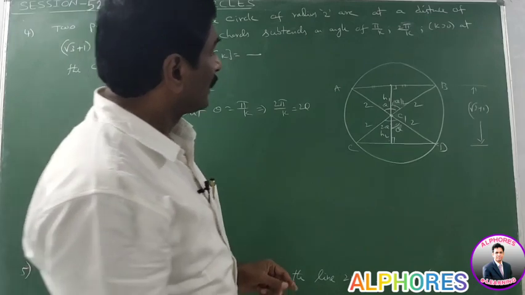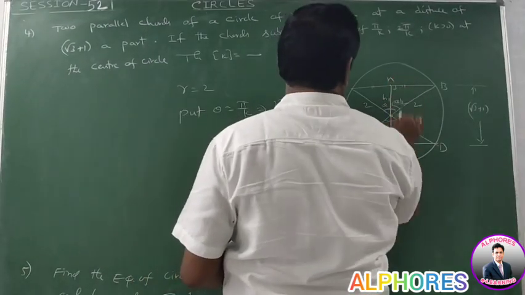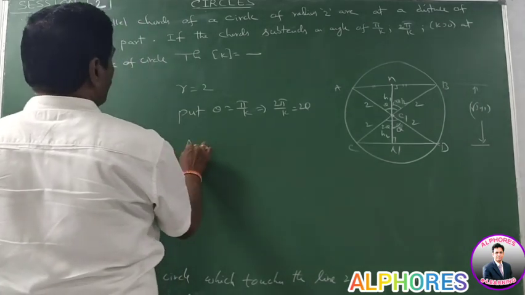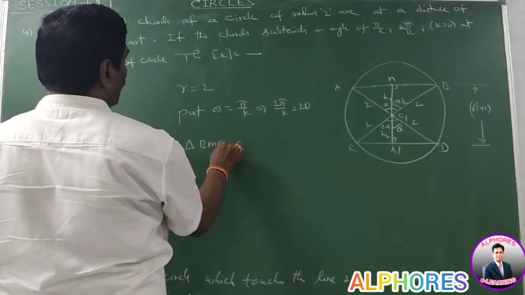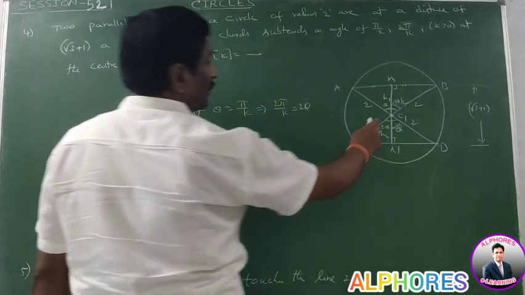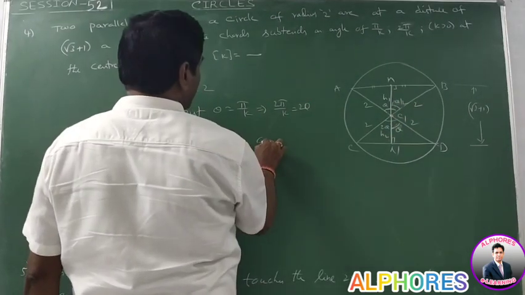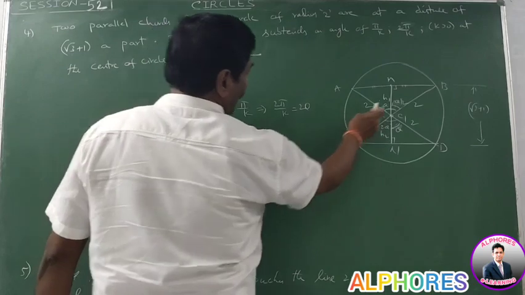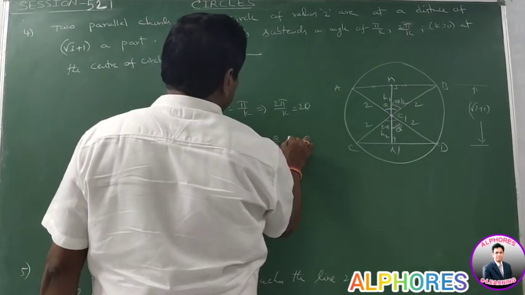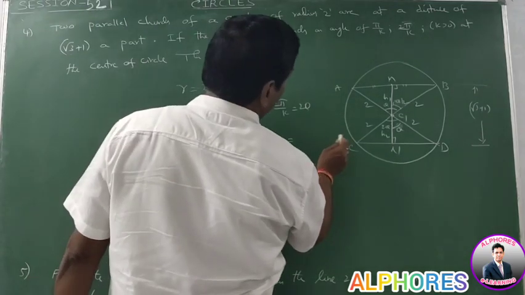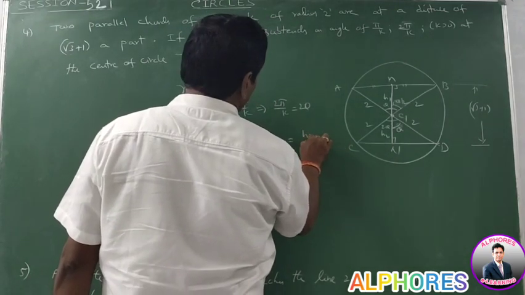Say this point is M, and the projection is N. From triangle BMC1, what is the value of the adjacent side H1? Hypotenuse is 2, so we use cos of theta by 2 is equal to H1 by 2.